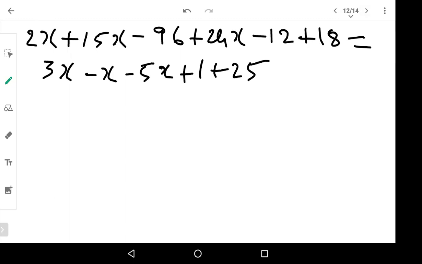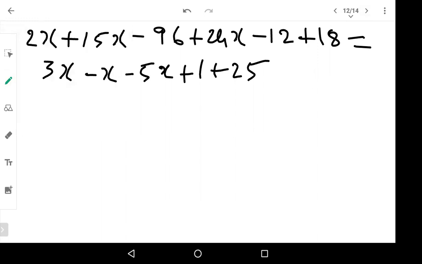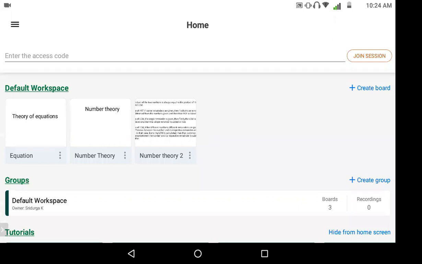Okay, any doubts until here? Okay, so let's continue. Now, next step is all that you have to do is simplification. Now, let us add up or let us simplify all the x to one side and all the numbers to one side.